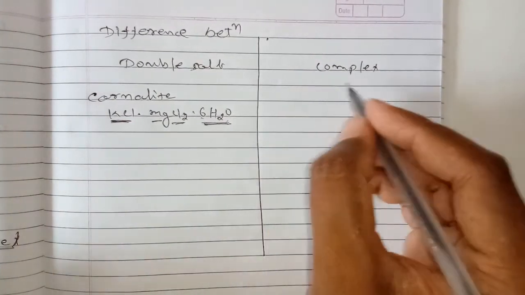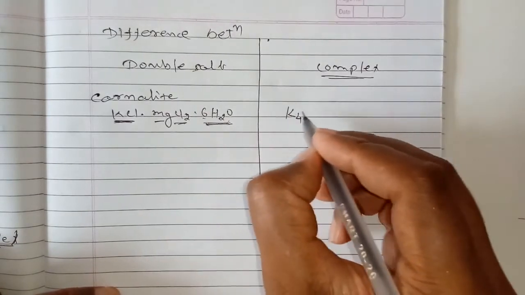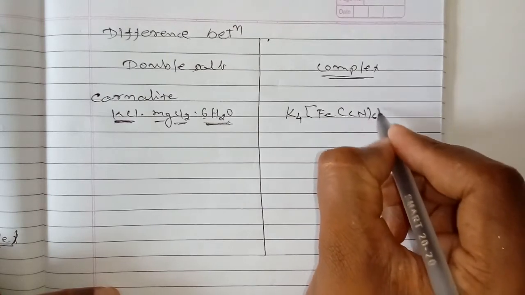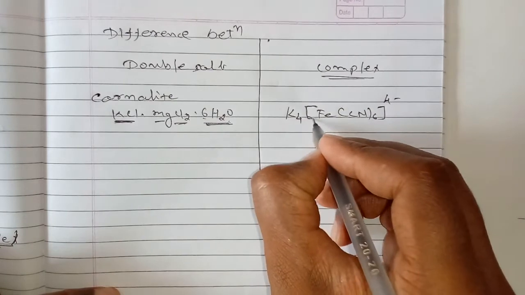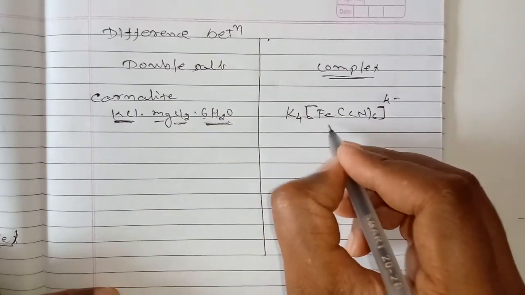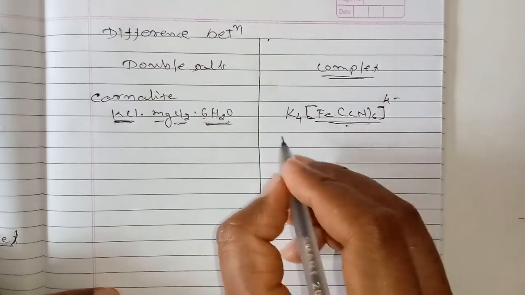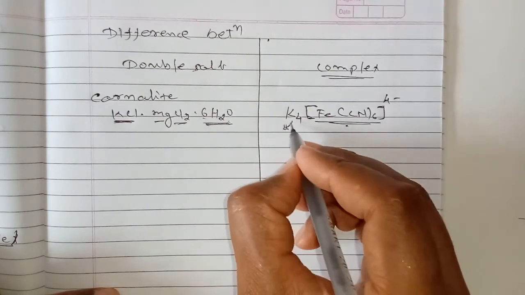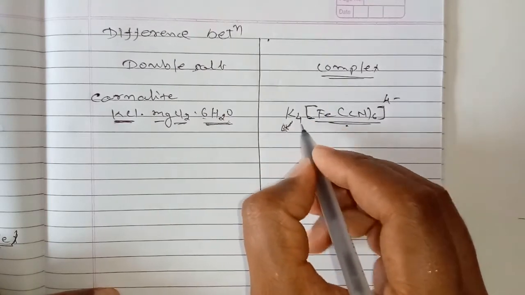And here the complex K4[Fe(CN)6]. Here the entity in square bracket does not dissociate, while potassium is dissociated because it is said to be a counter ion also.